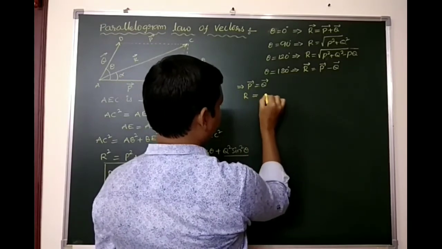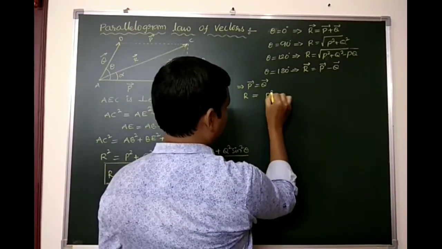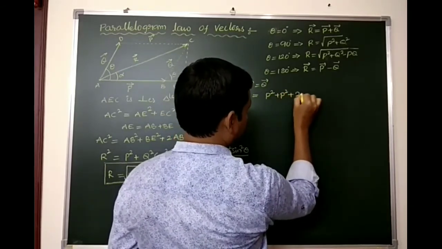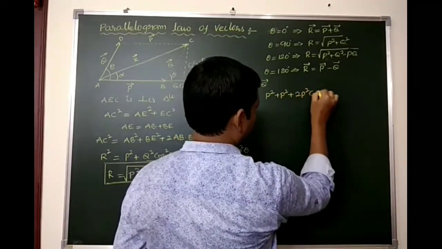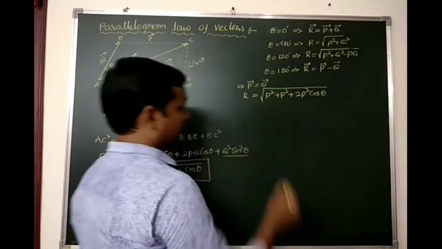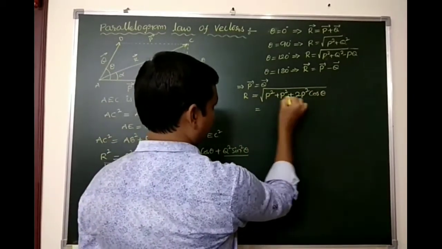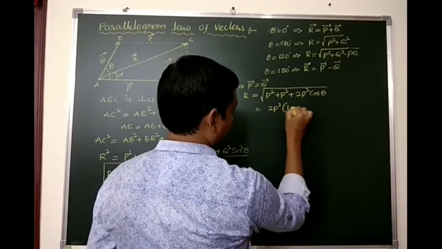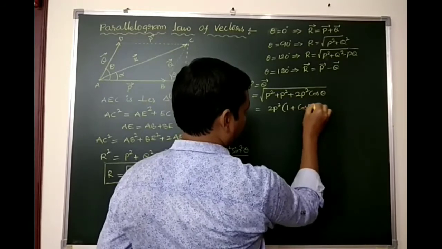Resultant R equals P square plus 2P square cos theta. So 2P square is common: 2P square times 1 plus cos theta.